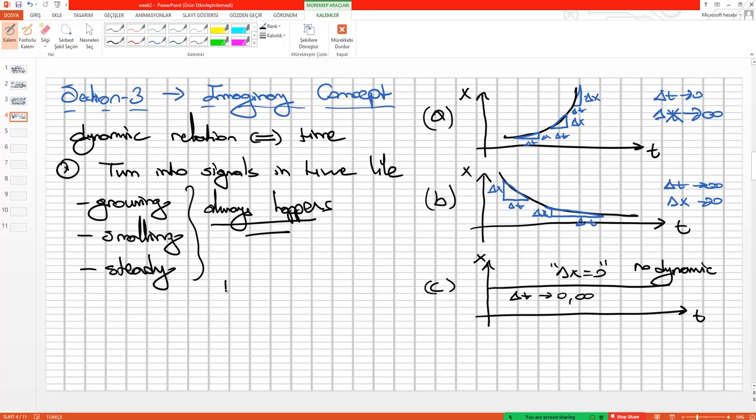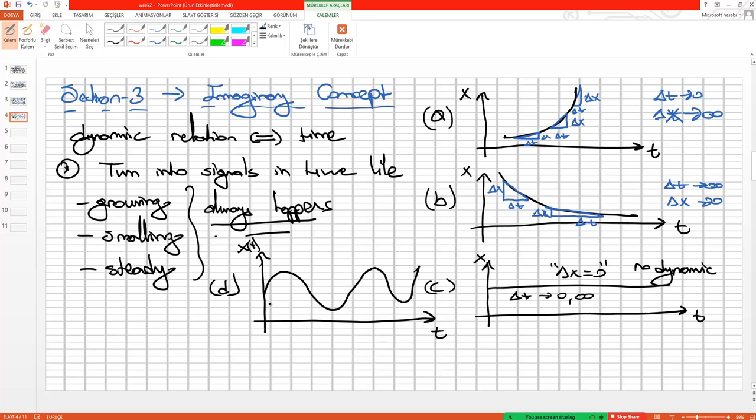But we have a special case like this one, x(t). Some signals can behave like this.